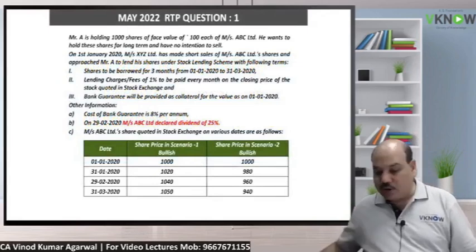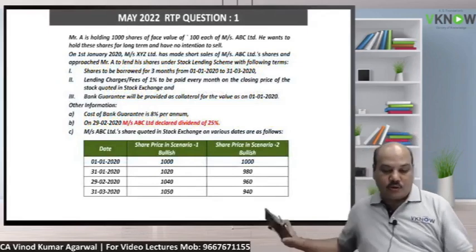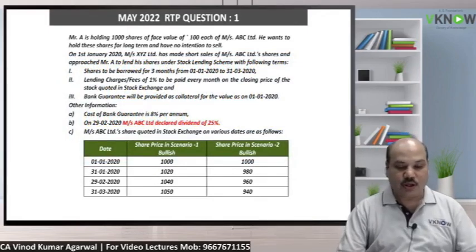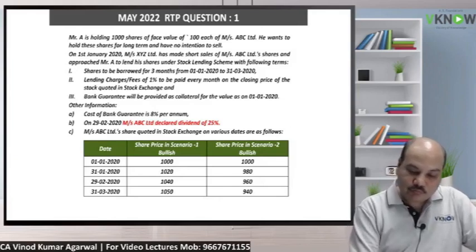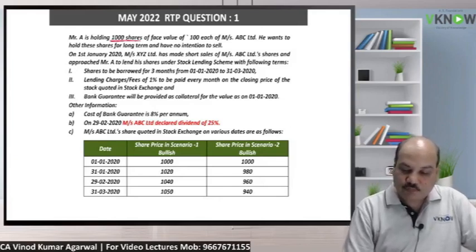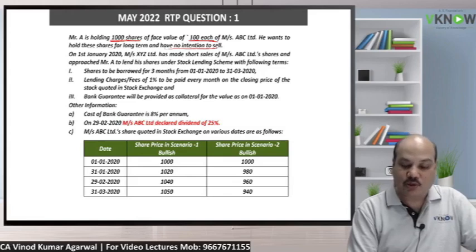So the question is on the screen. Mr. A is holding 1000 shares of the face value of rupees 100 each of Messrs. ABC Limited. He wants to hold these shares for the long term and has no intention to sell.